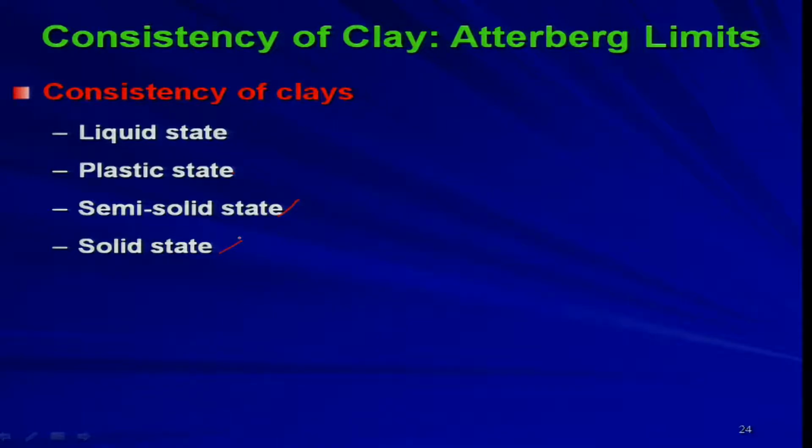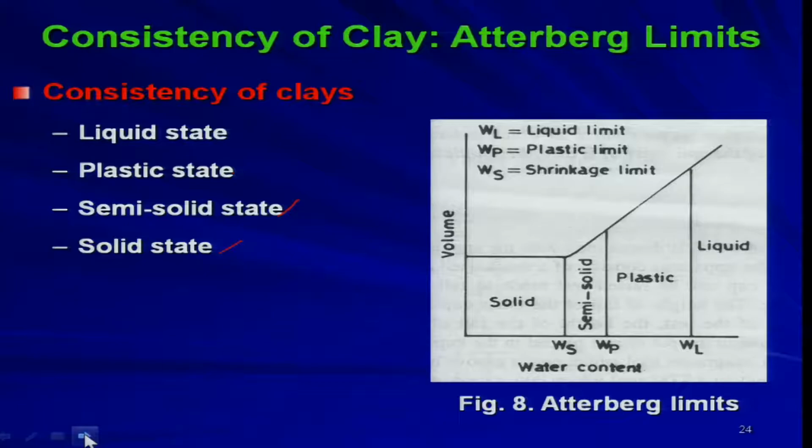If you vary the water content or the moisture content of the clay soil, then you will get 4 different states, and those states are associated with the consistency of clays. Now, how do you define these 4 states? Liquid state, plastic state, semi solid state and solid state.